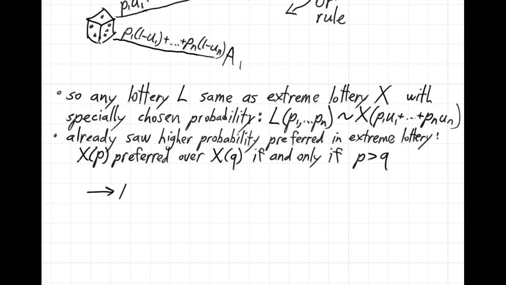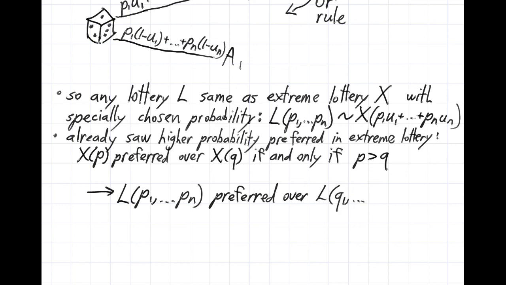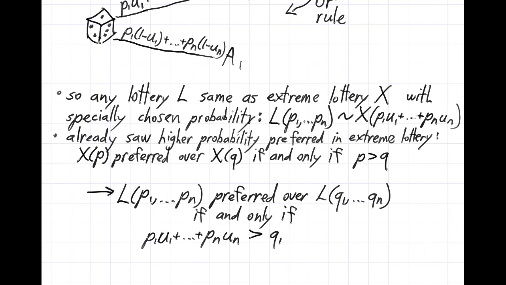Given two lotteries, L of P1 to Pn, that will be preferred over another lottery, L of Q1 to Qn, if and only if P1U1 plus all the other PiUi up to PNUN is bigger than Q1U1 plus Q2U2 plus so on up to QNUN.